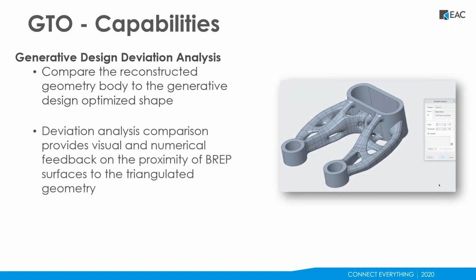Another toolset that we have here is deviation analysis. This will allow us to compare, both visibly and numerically, the difference between the created boundary representation geometry and the triangulated geometry. More details will come out as we do the demonstration.